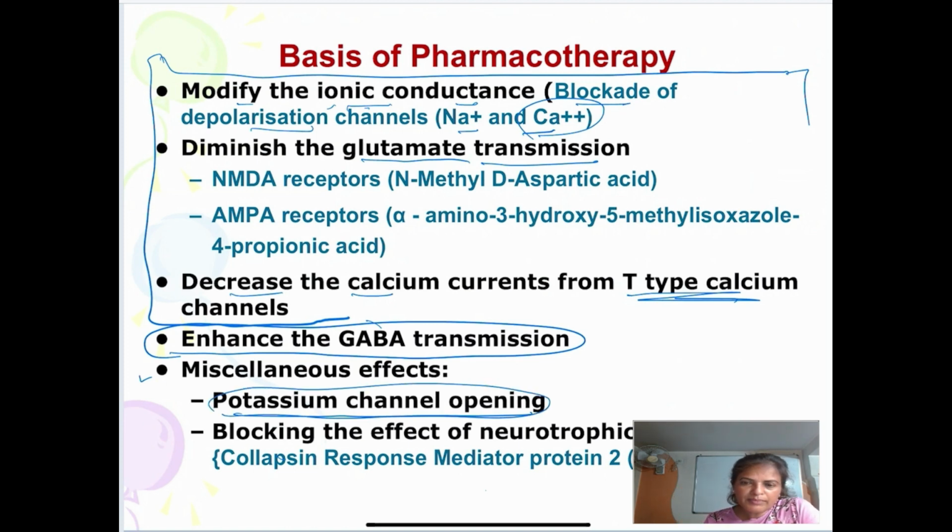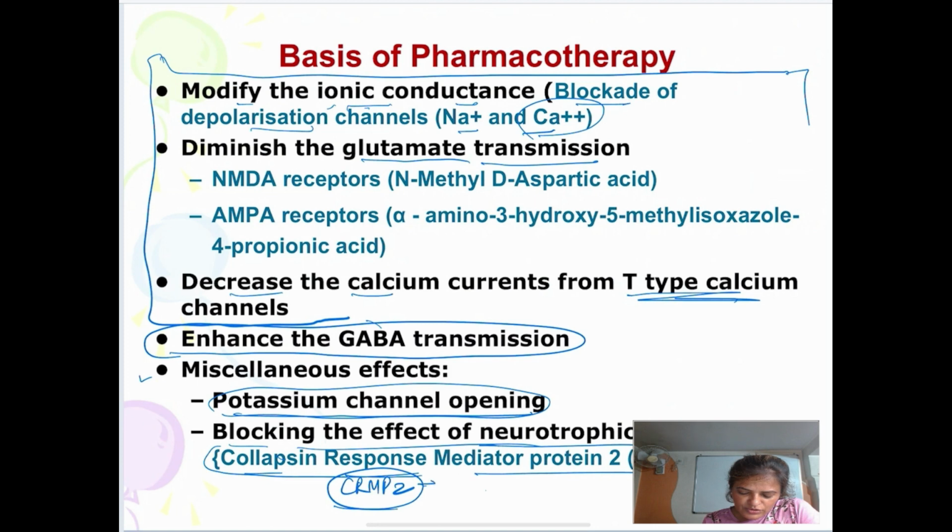Then another one is by blocking the effect of neurotrophic factors, through the collapsin response mediator protein. Any drug acting on this, the abbreviation is CRMP2, acts by blocking this protein.